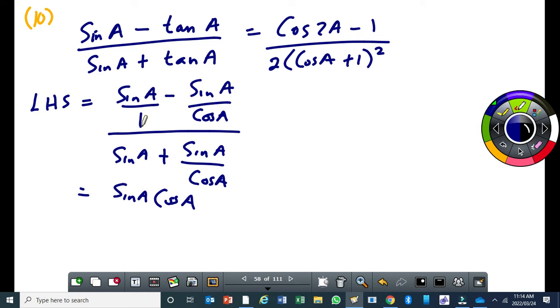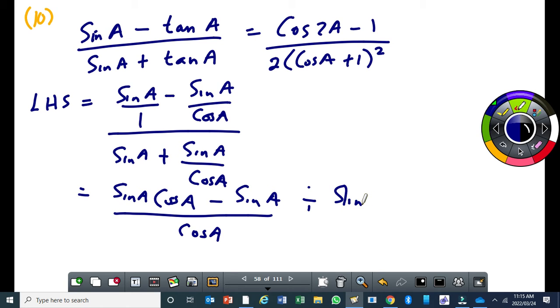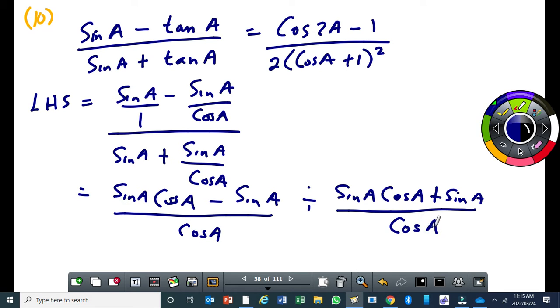So this will be sine A cos A minus sine A all over cosine of A. So I'll say divided by, for the denominator I'll also get sine A times cos A, okay, plus sine A all over cosine of A.